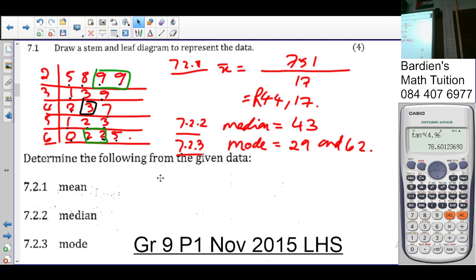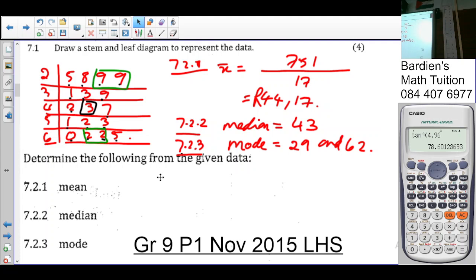Why don't you add the modes and then divide by 2? Because the mode is a number that occurs the most. So if I add it together and divide by 2, it's going to give me a different number. However, the median is the number in the middle. That's why two numbers are added together and divided by 2.